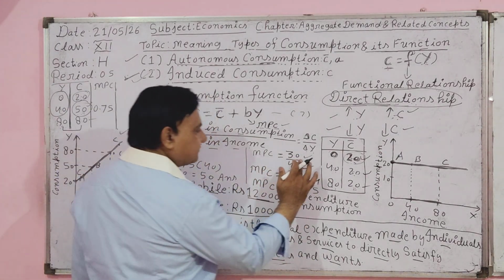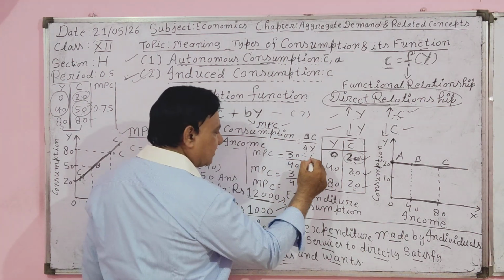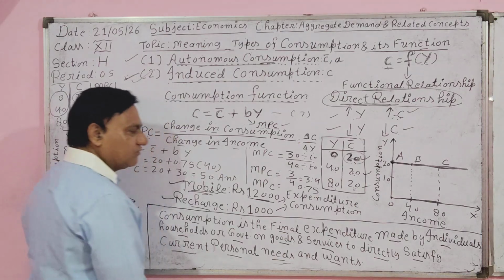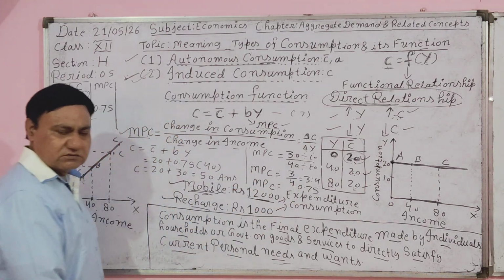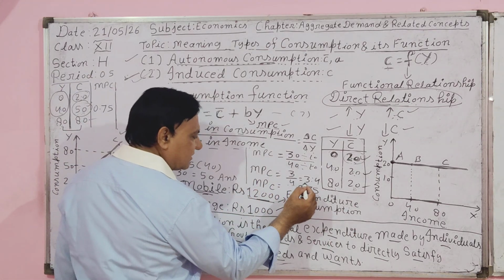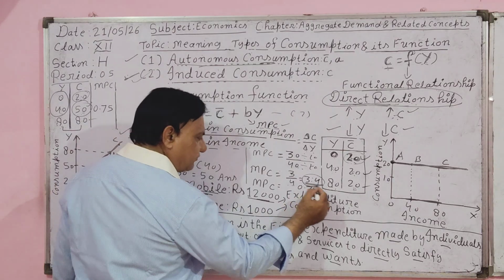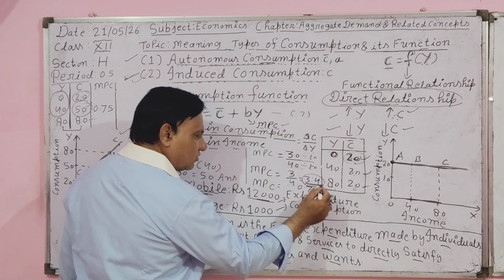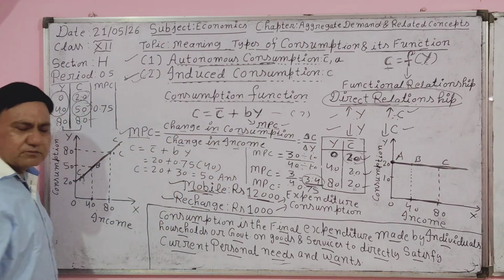When we divide both numerator and denominator by 10, we will get the fraction 3 upon 4. 3 upon 4 can be written as 3:4. So 3:4, it is the ratio of change in consumption and change in income.